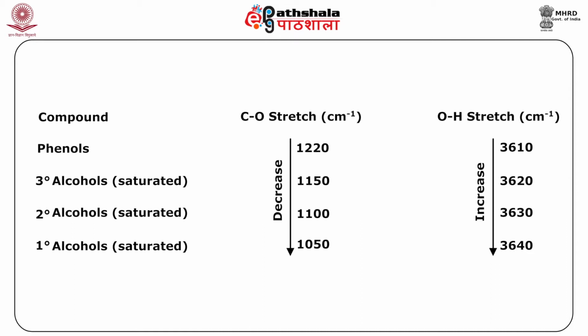Hence, the position of C-O can be used to differentiate between primary, which occurs at 1050 cm⁻¹, secondary, which occurs at around 1100 cm⁻¹, and tertiary, which occurs around 1150 cm⁻¹. For phenols, it occurs around 1220 cm⁻¹.